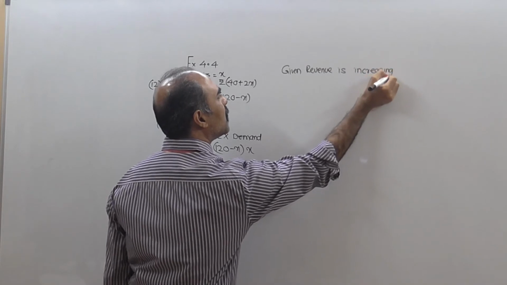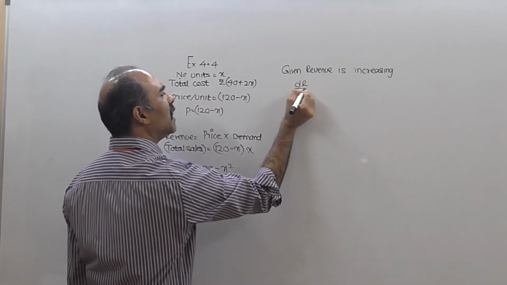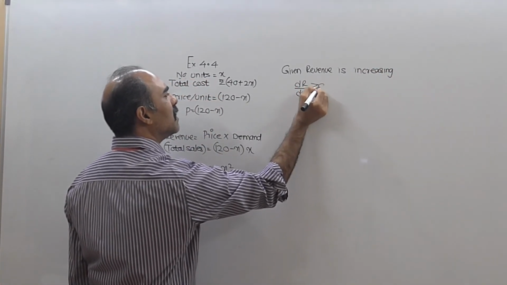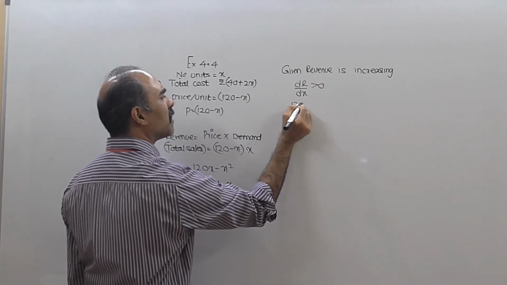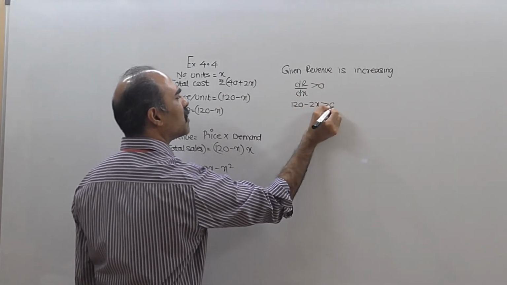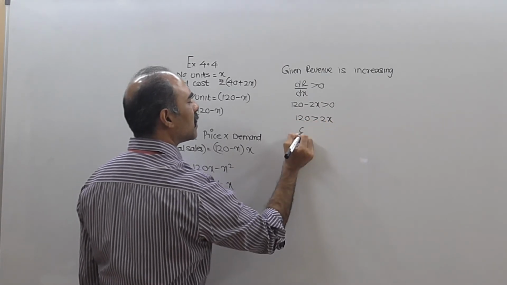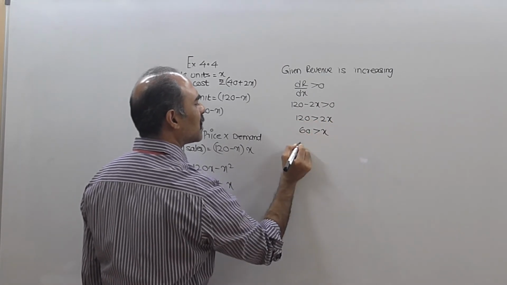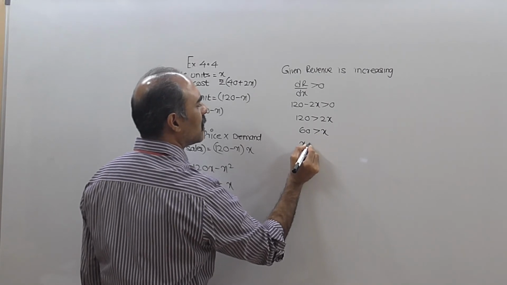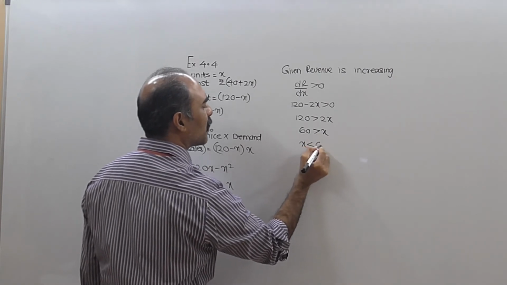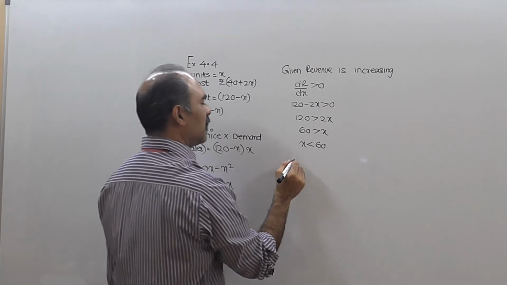If revenue is increasing, उसका मतलब है dR upon dX is greater than 0, meaning 120 minus 2X is greater than 0, 120 is greater than 2X, 60 is greater than X, therefore X will be less than 60.